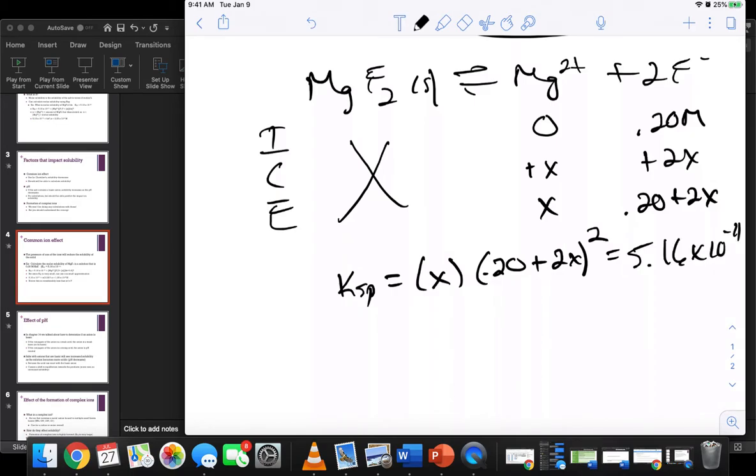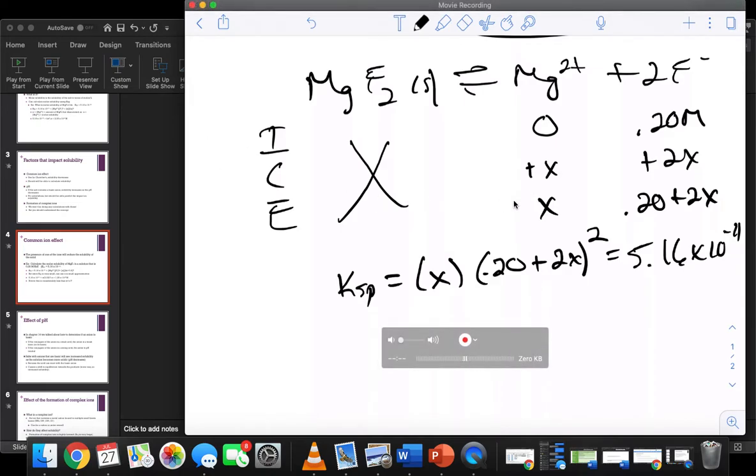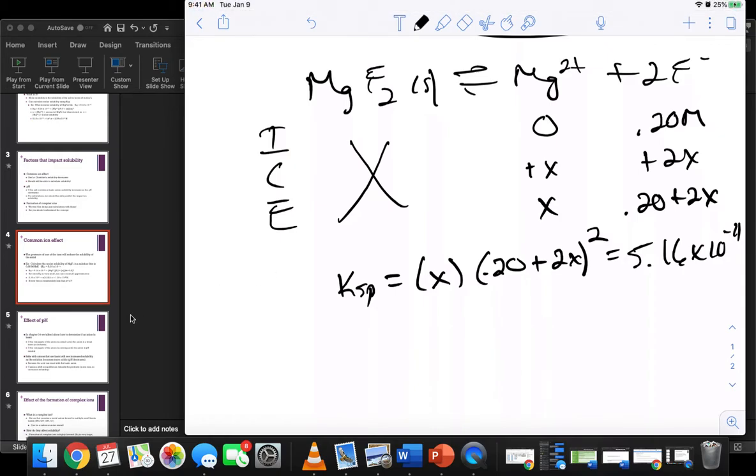And so this means now that I can solve for this x. And I can still use, right, if I'm looking at my equilibrium constant, it's really, really tiny, it's not going forward very far, which means x is going to be very small. So the x is small approximation does still work here, which makes our math a little bit easier again.